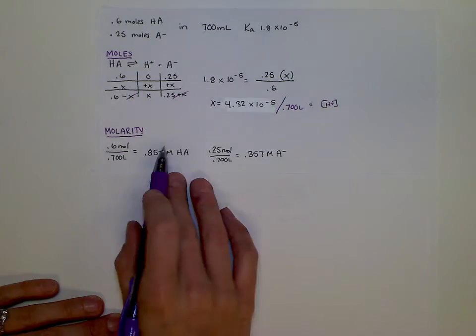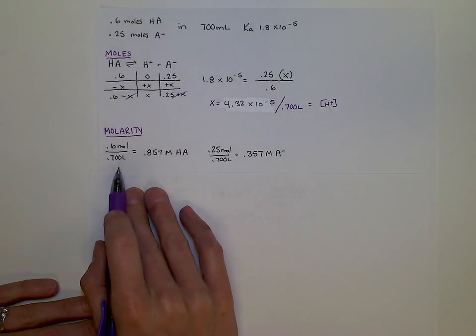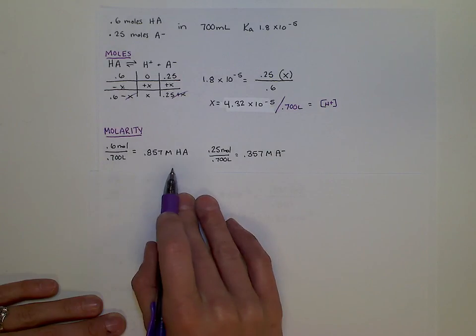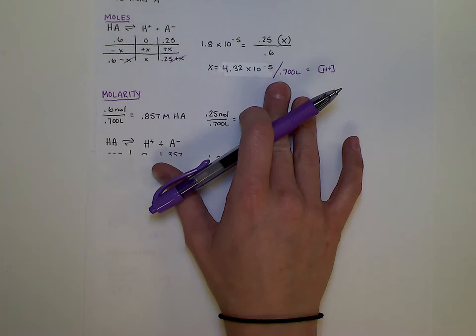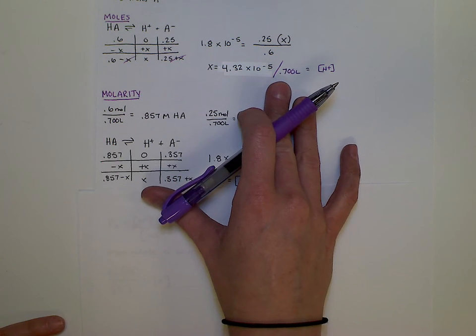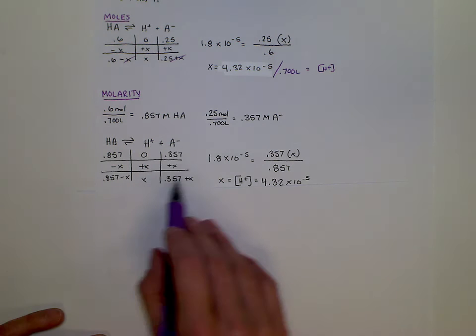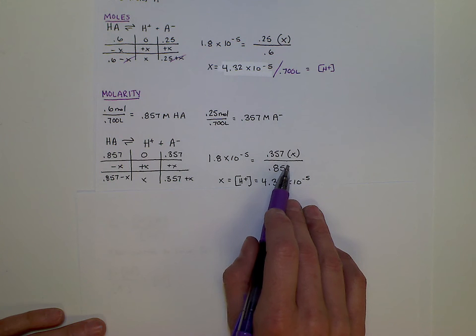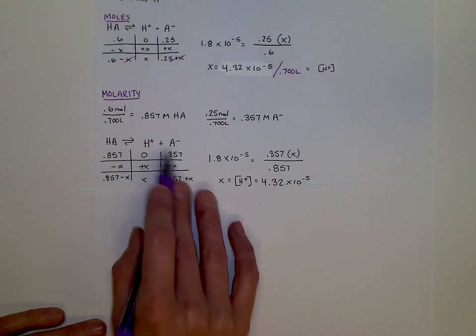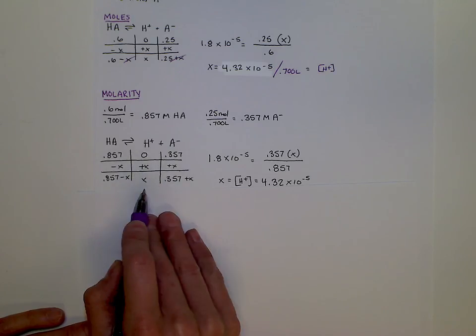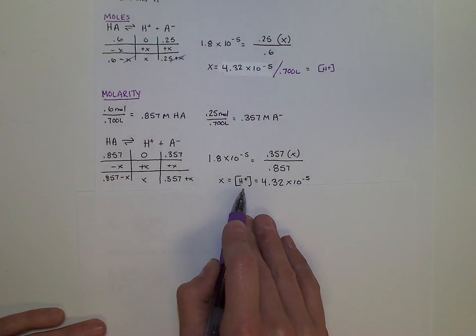Okay, so we're going to do the same problem. We have the moles over volume now. Okay, so now we've turned these into molarity, and I'm going to do the same ICE table using molarity instead of moles. So here it is. I'm plugging into my K expression, and if you guys take a look now, absolutely we know for sure that if this is concentration, my answer for x will be the concentration of H plus.